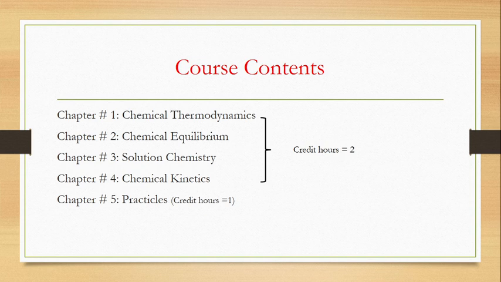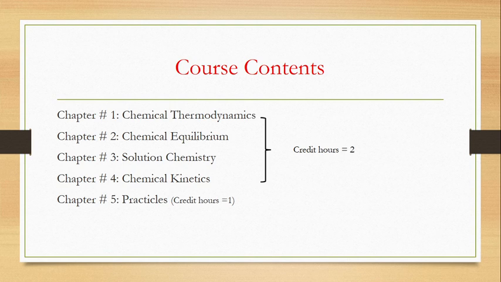Now, the course contents. In this course, basically, we have to cover the following chapters. Starting from chemical thermodynamics, we will discuss first law, second law, third law of thermodynamics and basic concepts of thermodynamics involved in it. We will also discuss the chemical equilibrium and the main topics involved in it.